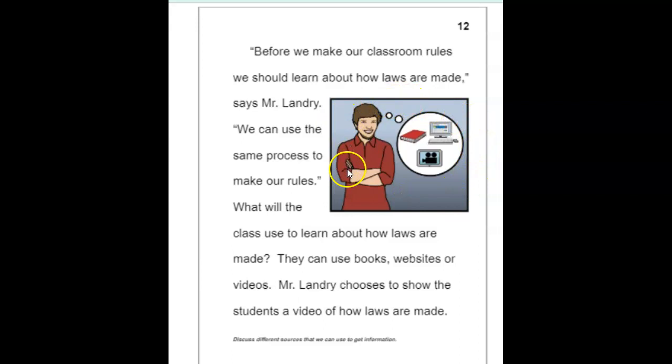Look at the picture. Mr. Landry is thinking about some things on this page. Before we make our classroom rules, we should learn about how laws are made, said Mr. Landry.